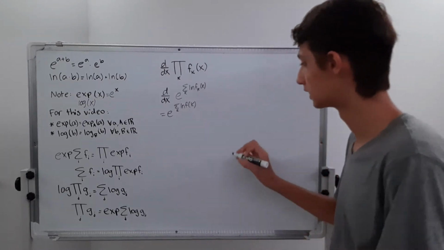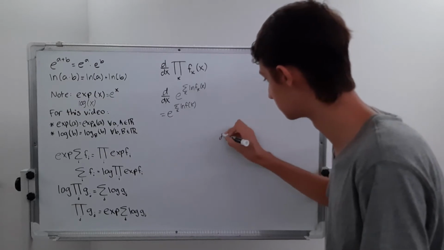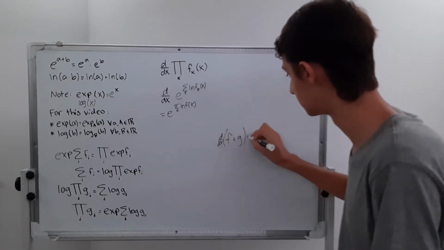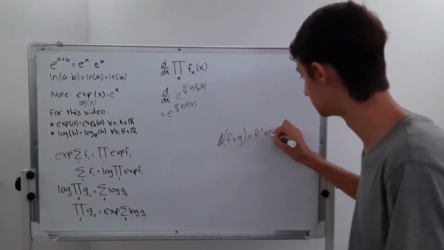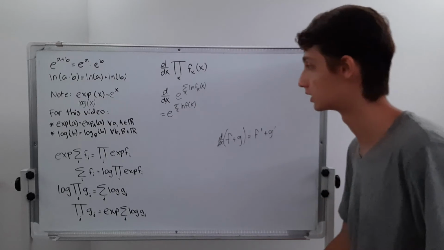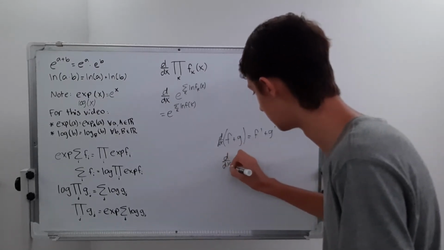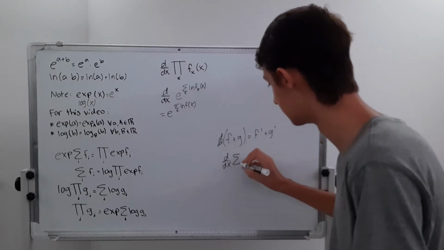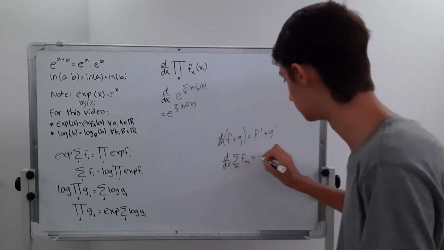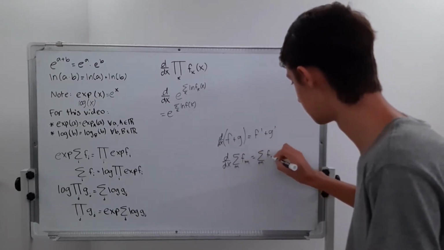Well, that's really easy, because if you have the derivative of f plus g, this is equal to f prime plus g prime. The derivative of a sum is the sum of the derivatives. So you could formally say that d/dx of the sum over m of f_m is equal to the sum over m of f_m prime.